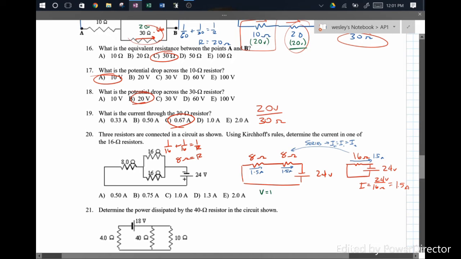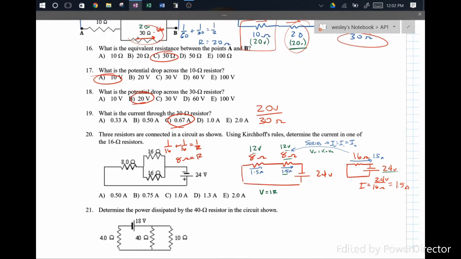So the voltage is going to be the current through that resistor times that resistor. So the voltage for this 8 ohm resistor is 1.5 amps times 8 ohms, or 12 volts. And then 1.5 amps times 8 ohms, or 12 volts. Which makes sense because in series, total voltage is voltage 1 plus voltage 2. So these two things should add up to the total of 24 volts.